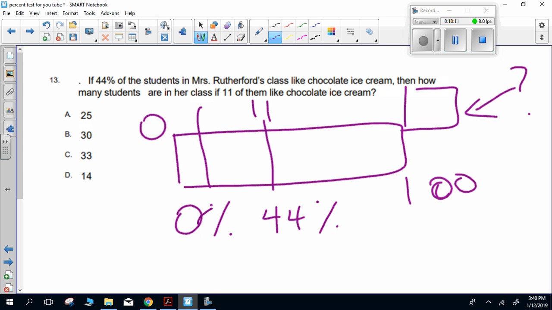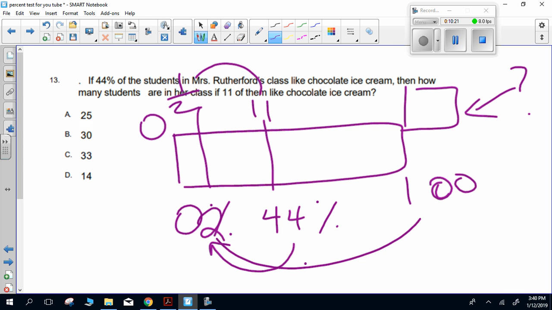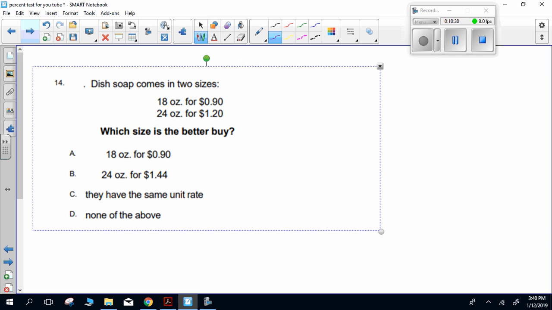So I'll go down to 2, and that means I need to divide by 22, which means I need to divide this by 22, which is a half. So 50 times a half is 25. So I got 25 kids who are in her class.